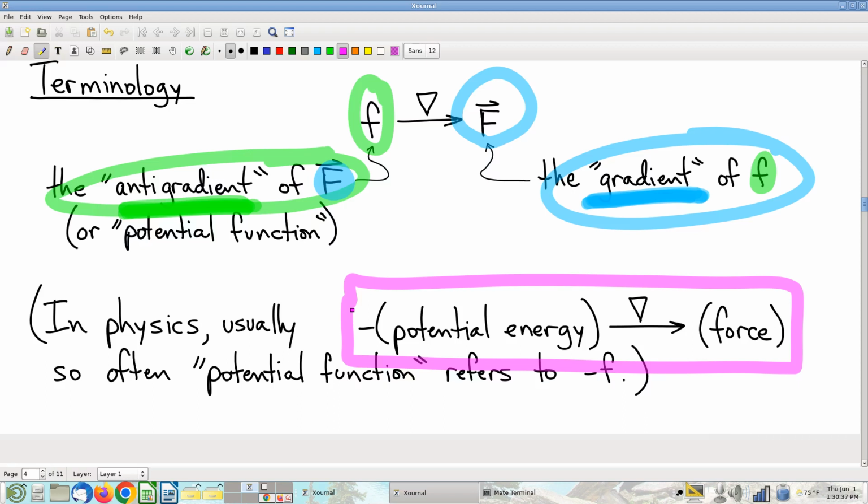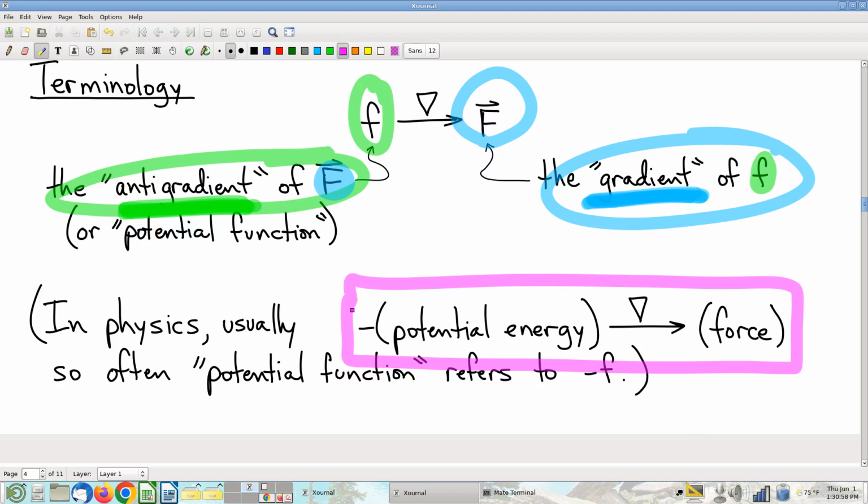And gravitational force in this room is straight down. Here's the problem. The gradient of the potential energy function is actually straight up. If your potential energy is z, the gradient is (0, 0, 1). So it's up, not down.